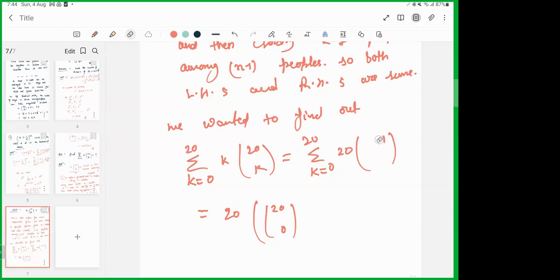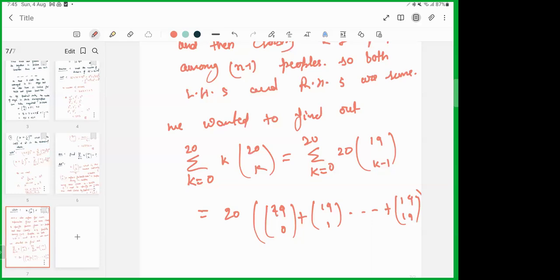So 19 choose 0, 19 choose 1, and so on, up to 19 choose K minus 1.